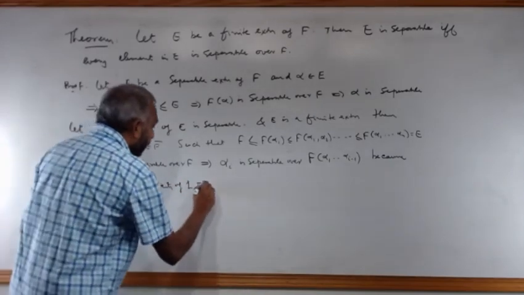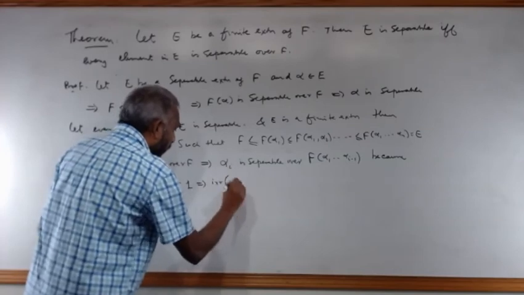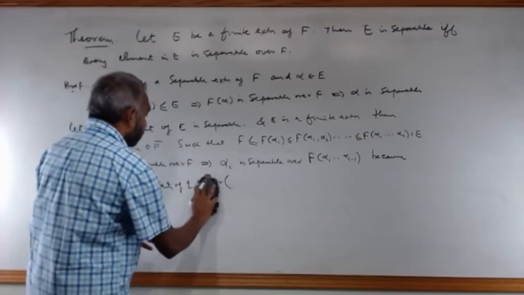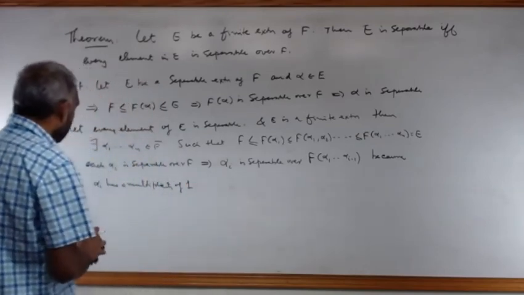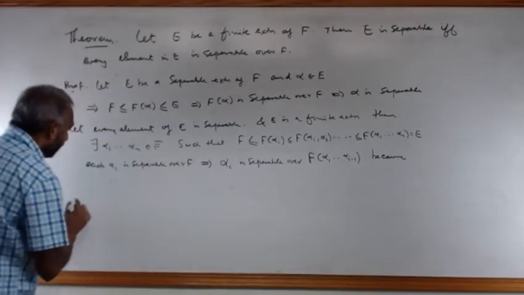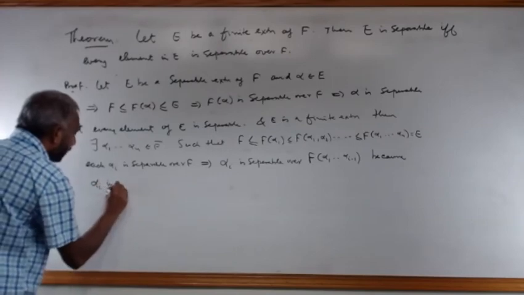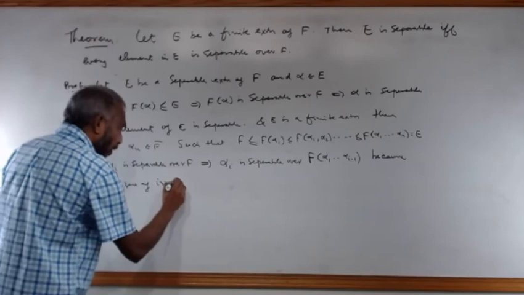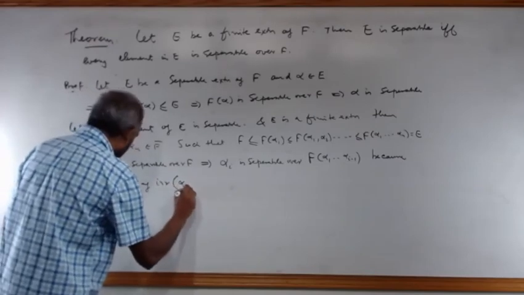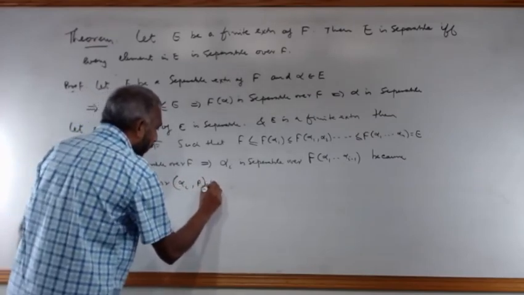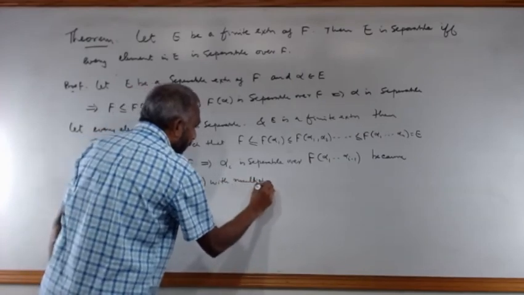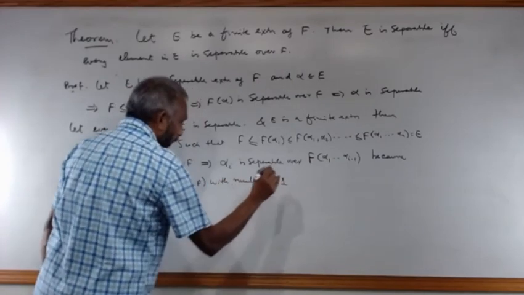That implies alpha i is a zero of the irreducible polynomial of alpha i over F with multiplicity 1.